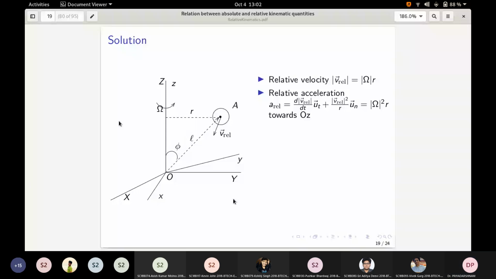So the relative acceleration is given by d by dt of vrel in the tangential direction and vrel square by r in the normal direction. So you have a tangential component as well as the normal component. So is this quantity right towards OZ?